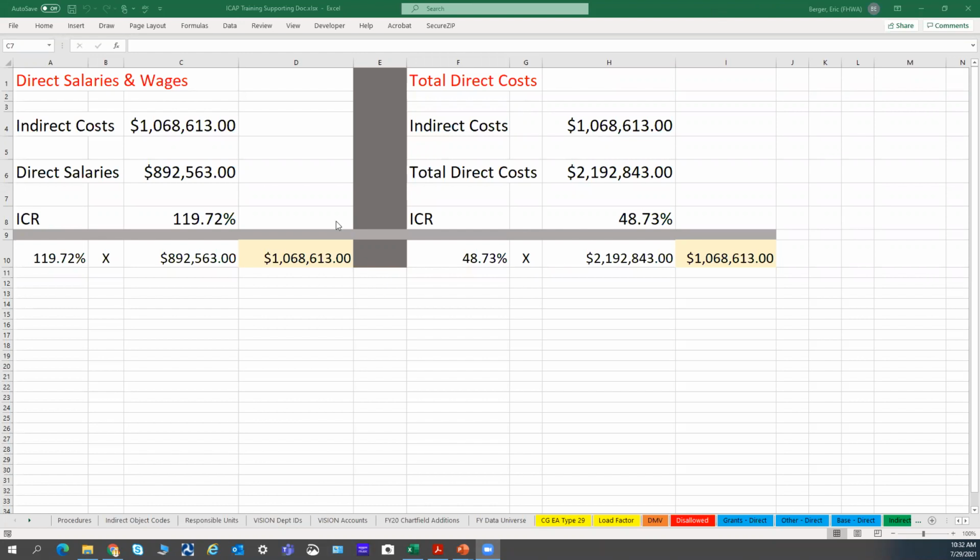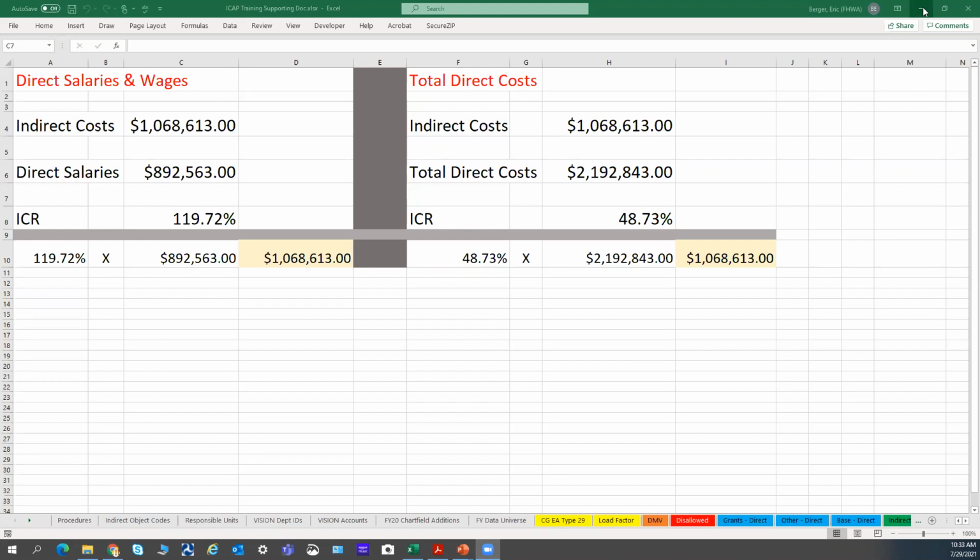Well, this is how it happens right here. It all depends on the base and on how the methodology is. The example that I'm going to show you today also has a rate that's over 100%, and we'll go through that. This was just to show you the differences between the different cost bases and what that can do to your percentage.